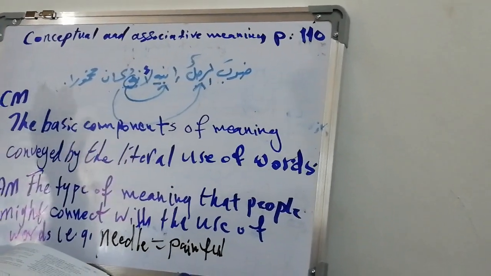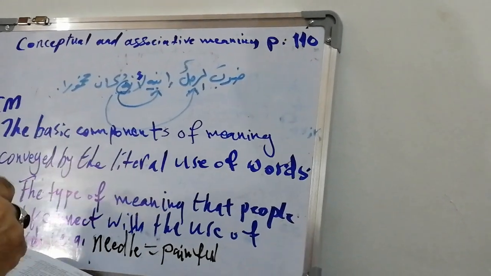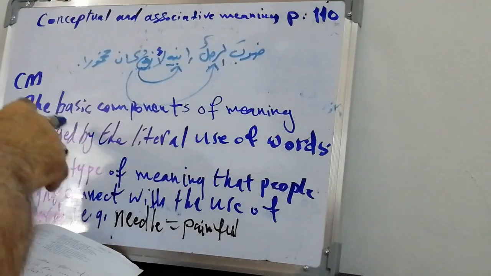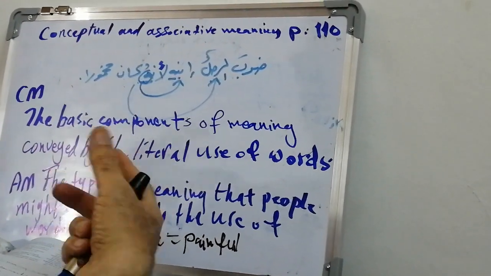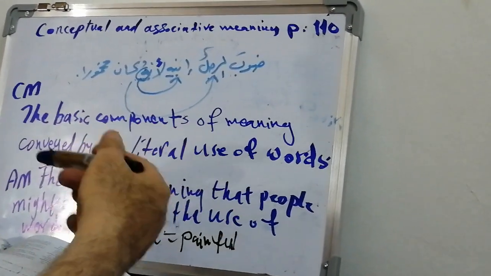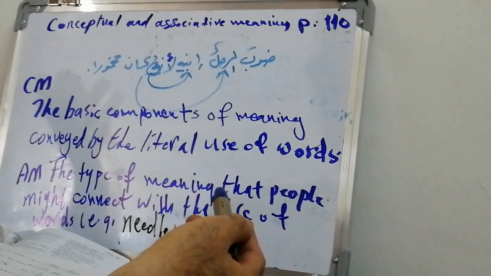How are you going to find it? It means it is very difficult. This information, you do not find it in the conceptual meaning, the meaning which is suggested by the dictionary. No, this type of meaning is suggested by the people.